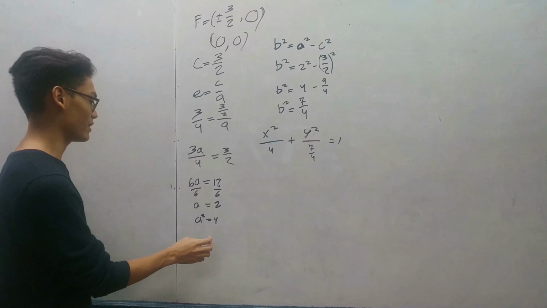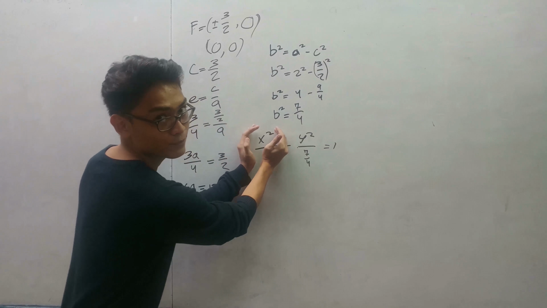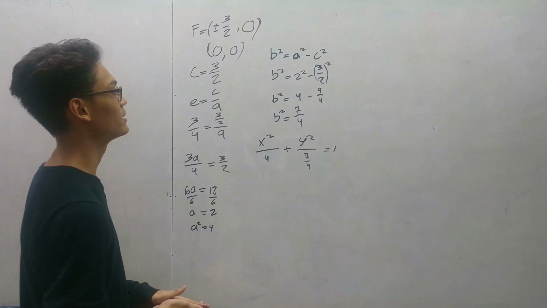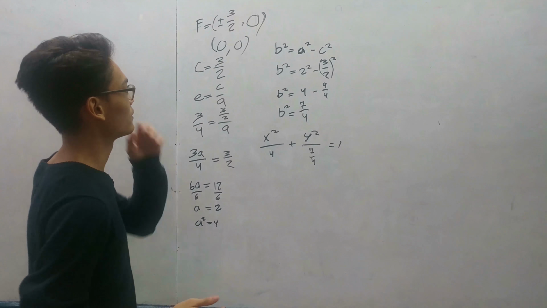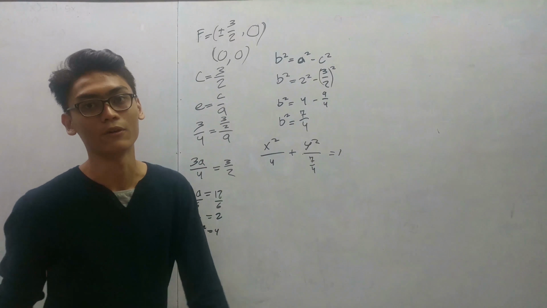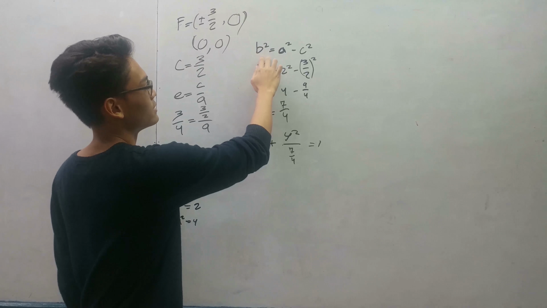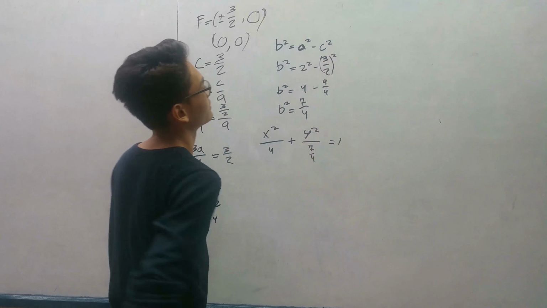So we then square a to get 4 so that it would fit in the first term. And then to get the second term, we would derive the formula for c, which would then make it b squared is equal to a squared minus c squared.